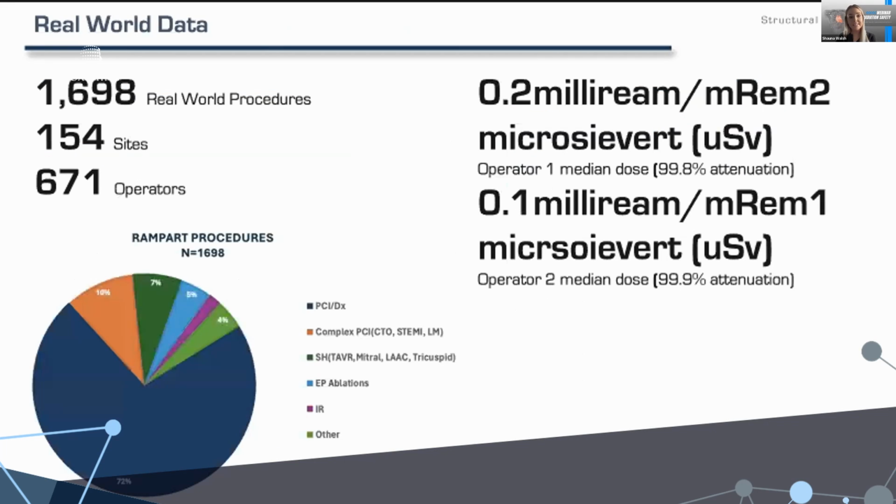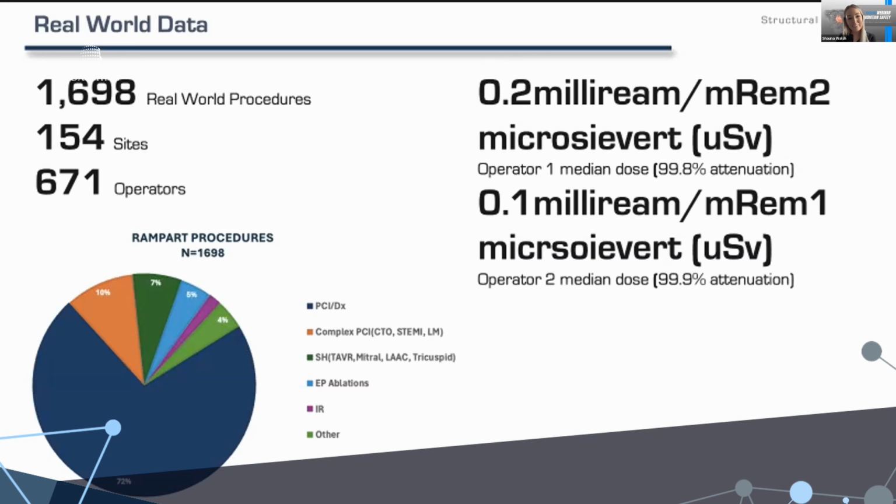So real-world data, and just to point out, the next slide is in microsievert, and it is using the international yearly limit of 20 millisievert or 20,000 microsievert. If we look at this in the US, our numbers are even better, but we'll take the lower limit just to be fair.